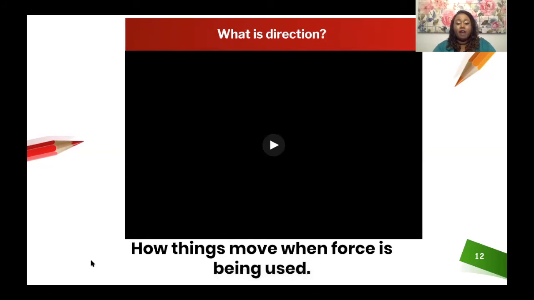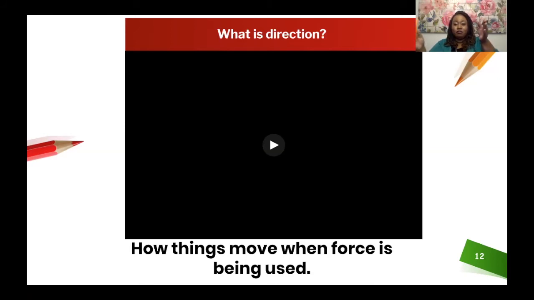So if I push this marker, it just moved forward straight. Now I can make it move zigzag, right? All right. If I push the marker up, it goes up and comes down, right?